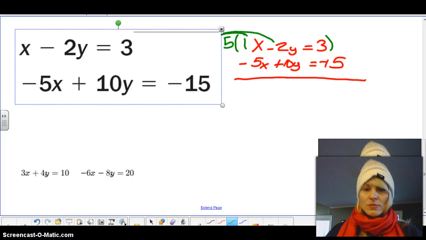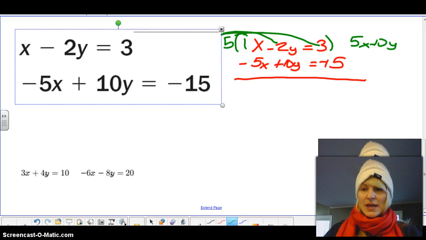And so that's going to give me 5x minus 10y equals 15, right? And then this is going to be negative 5x plus 10y equals negative 15. I wrote that really sloppy, I'm sorry.